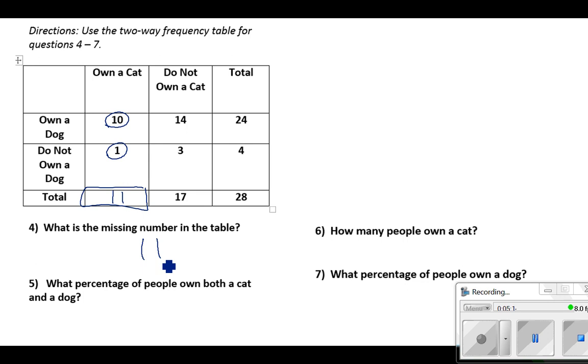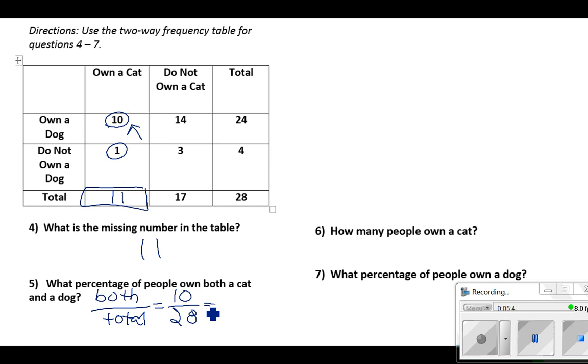Question 5, what percentage of people own both a cat and a dog? So I'm going to do both out of the total. Both would be where I look for own a cat and own a dog, which is going to be 10. And then I have to look at the total, which is going to be 28.